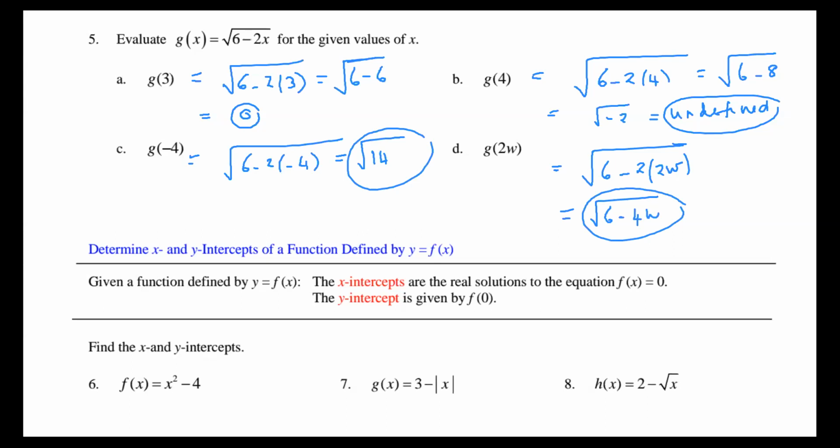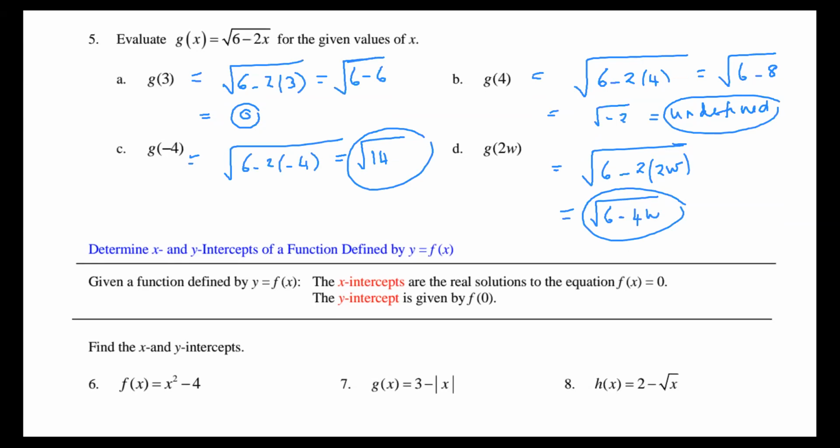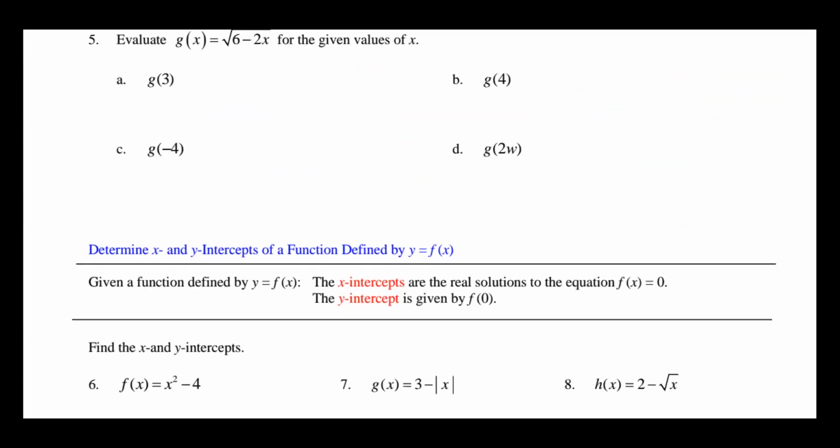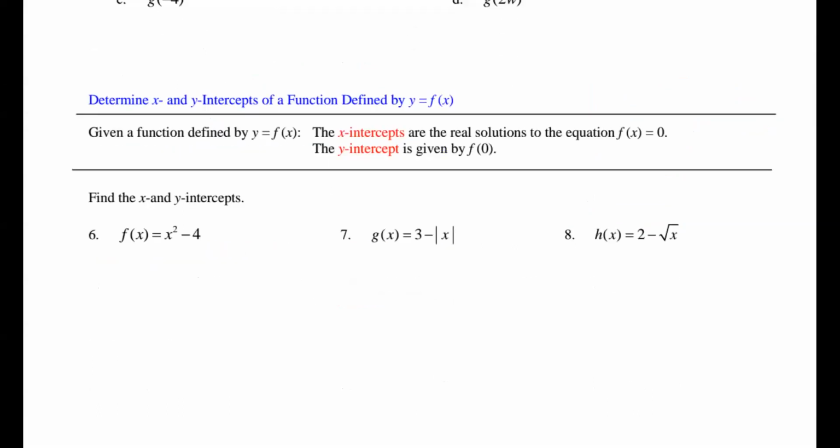Okay, so next we are going to determine the x and y intercepts of a function for the given function. So let's look at the next problems. We're going to identify the x and the y intercepts of a function.